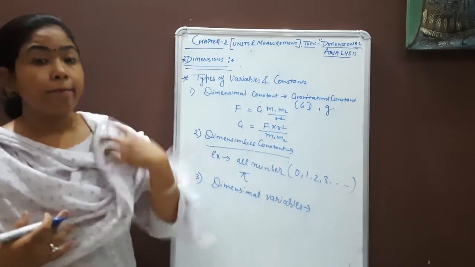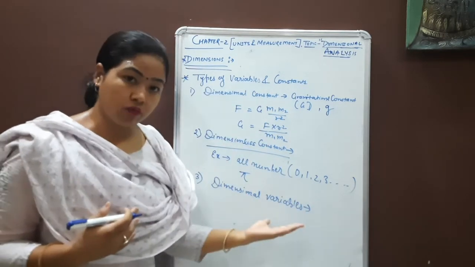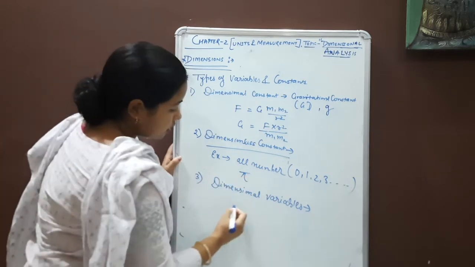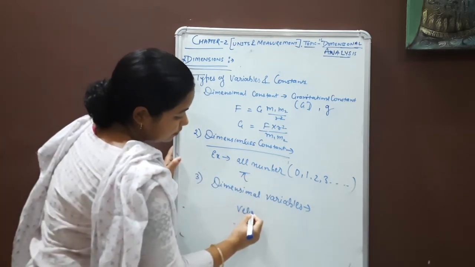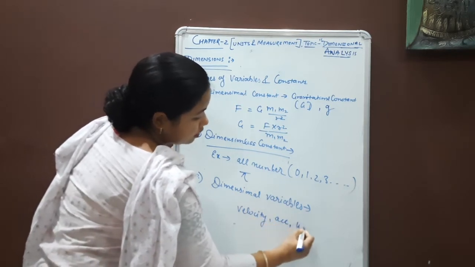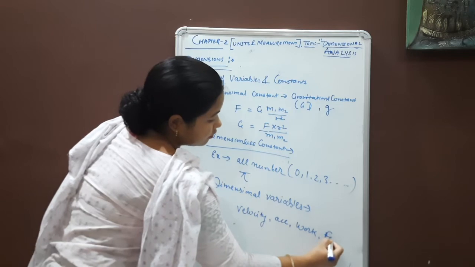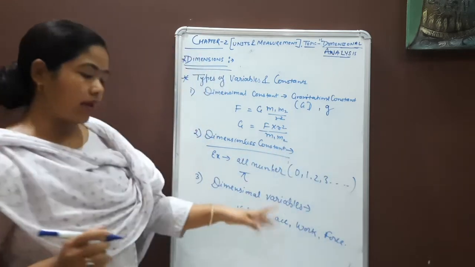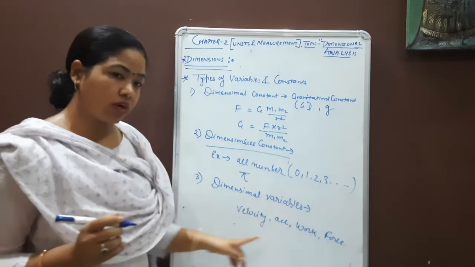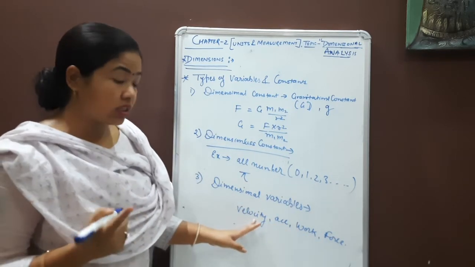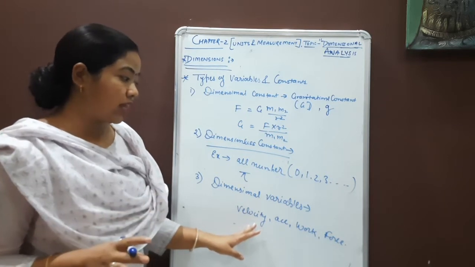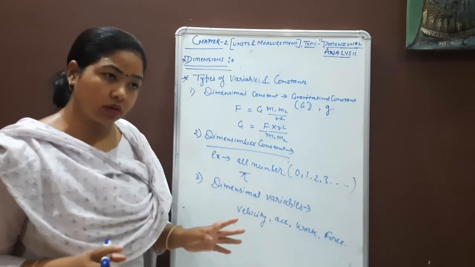That means most derived physical quantities are in this category, like velocity, acceleration, then work, force. All are in this category because all these physical quantities have their dimensional formula, but their values are not constant. That means their values are always variable.